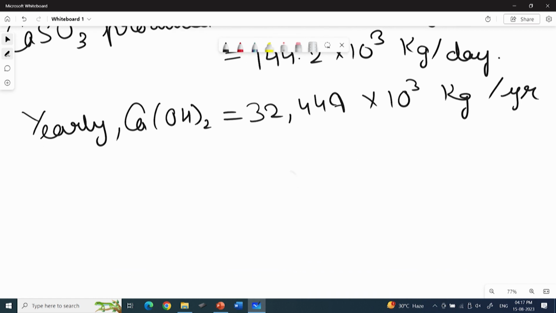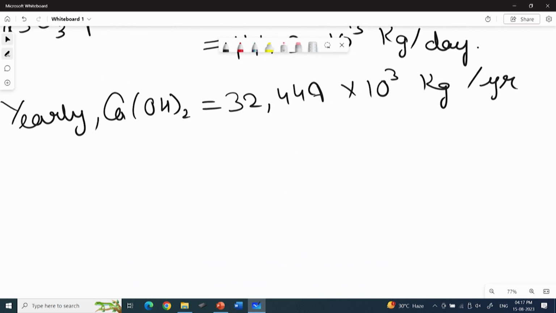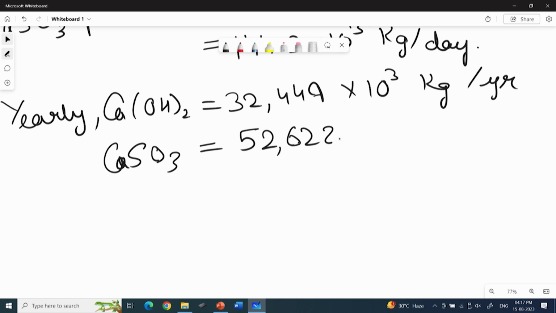And if I go towards the production of CaSO3, this would be roughly 52,628 into 10 to the power 3 kgs per year.